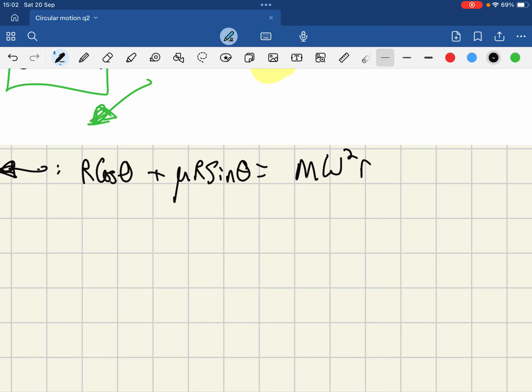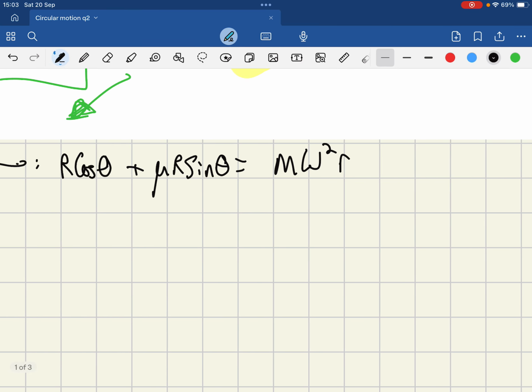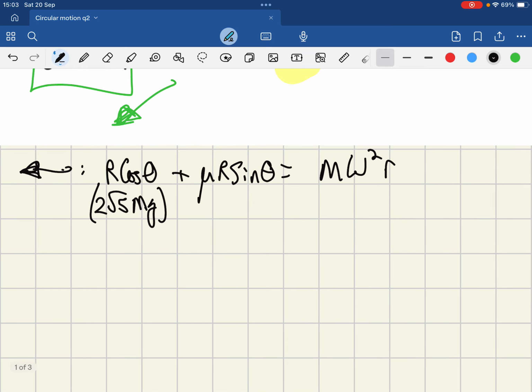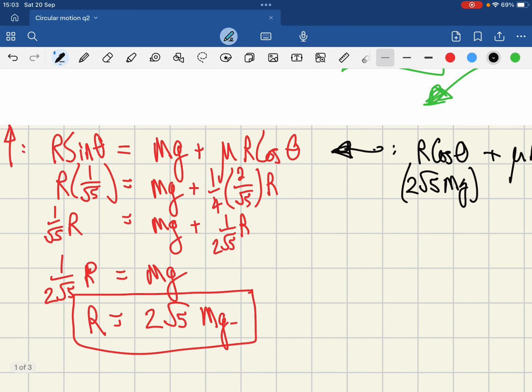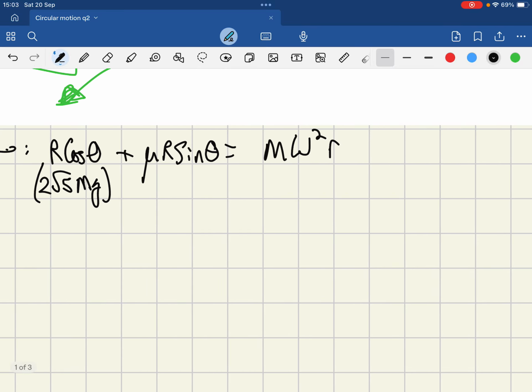Well, we can do a bit with this because now we have a value for R. So reminding ourselves, our value for R was 2 root 5 mg. So here I'm going to replace this with a 2 root 5 mg. And also reminding myself, cosine theta is 2 over root 5, sine theta 1 over root 5. So 2 root 5 mg, 2 over root 5, plus mu is 1/4.